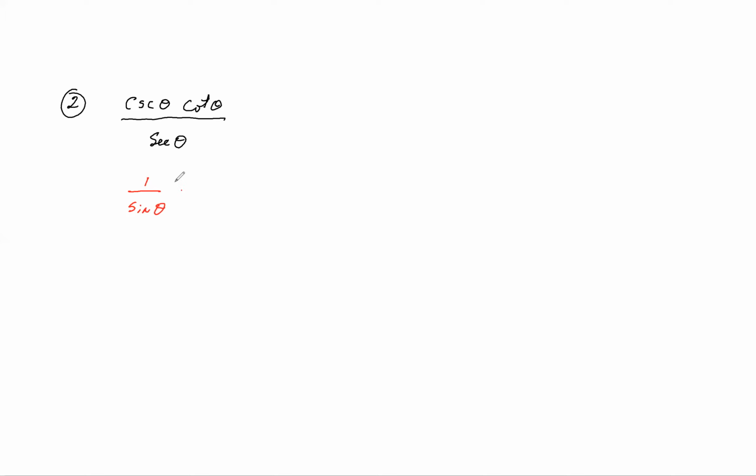Times cotangent. Cotangent is equal to cosine over sine. All is divided by secant. Also, secant is 1 over cosine. And now I try to simplify, put everything together.